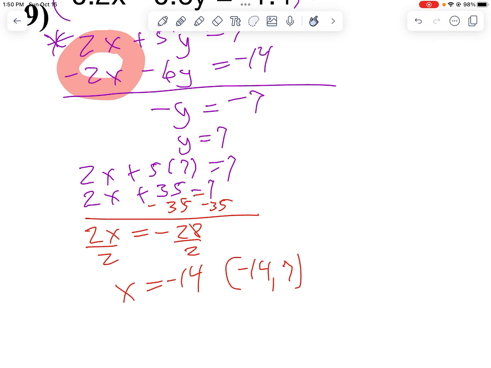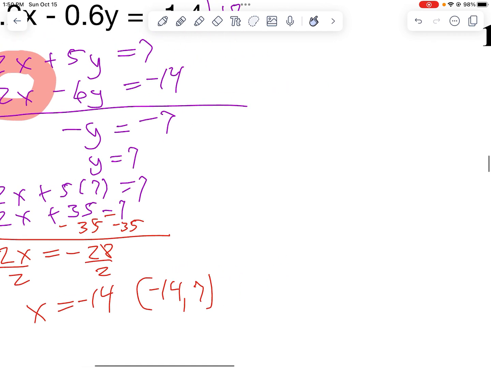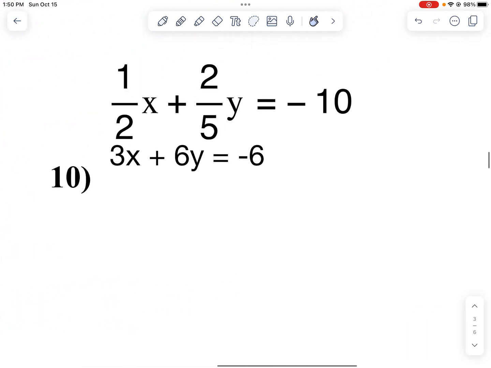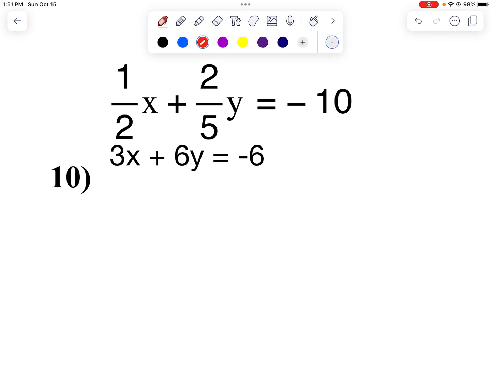Let's take a look at question number 10. Unlike question number 8, it gets kind of ugly to get these to cancel since we have fractions. So I think what I'm going to do, I'm going to rewrite my first equation with no fractions. So what's the common denominator between 2 and 5?